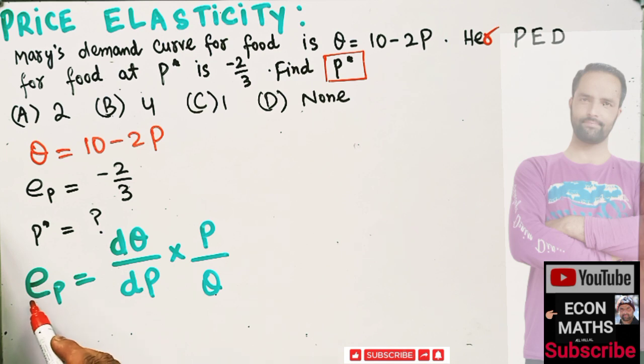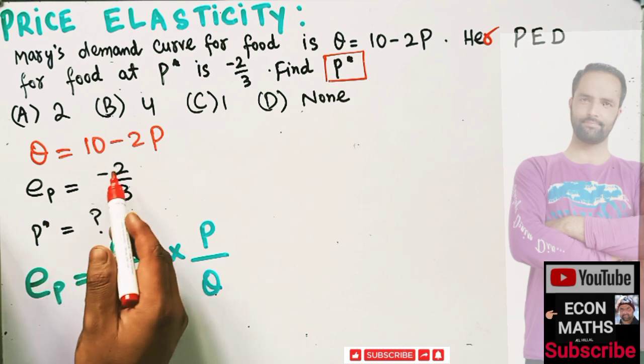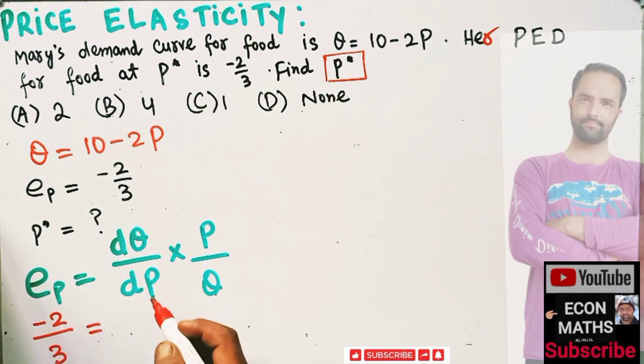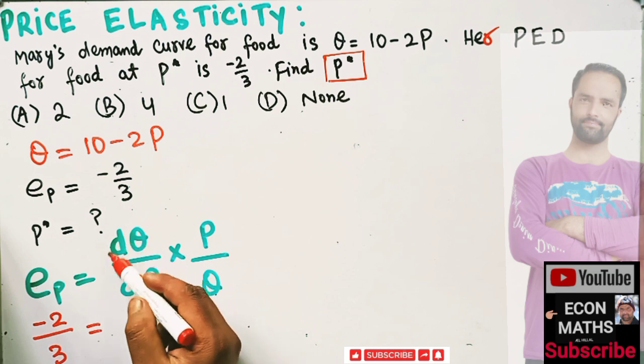Now elasticity of demand is equal to minus 2 upon 3, so in place of elasticity of demand, I can write minus 2 upon 3 should be equal to dQ upon dP into P upon Q. I need to find out this dQ upon dP.